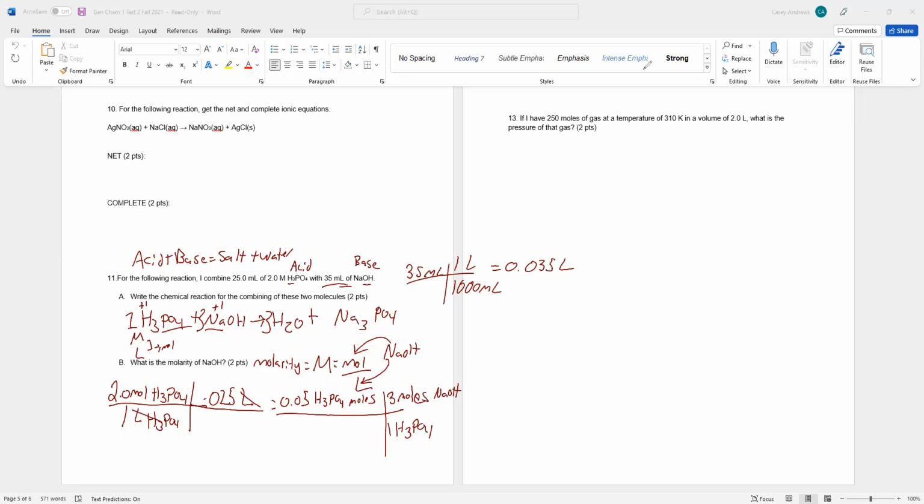So 0.05 multiplied by 3 is 0.15. So in this reaction, I have 0.15 moles of NaOH. So now I know how many liters of NaOH I have. I know how many moles I have. I can now calculate my molarity by dividing the two. So 0.15 moles NaOH divided by 0.035 liters NaOH.